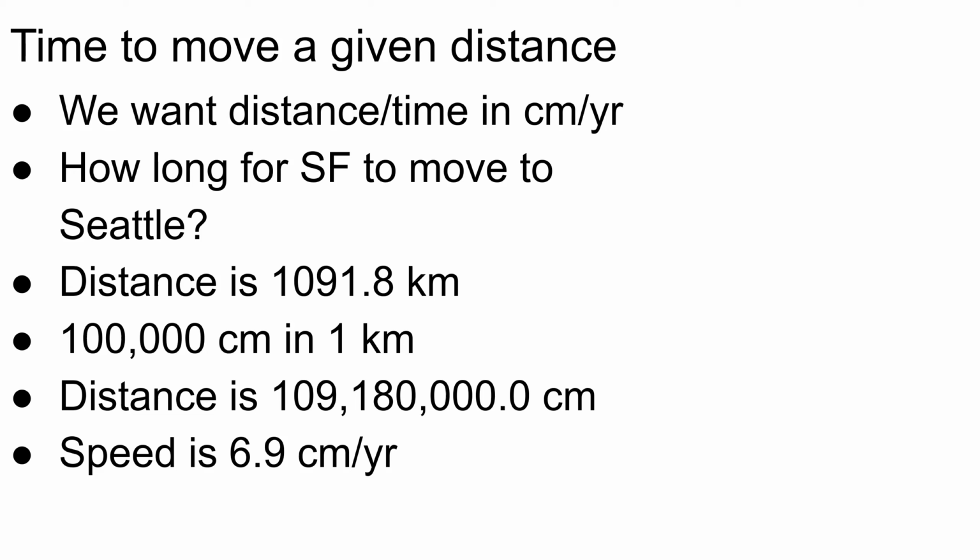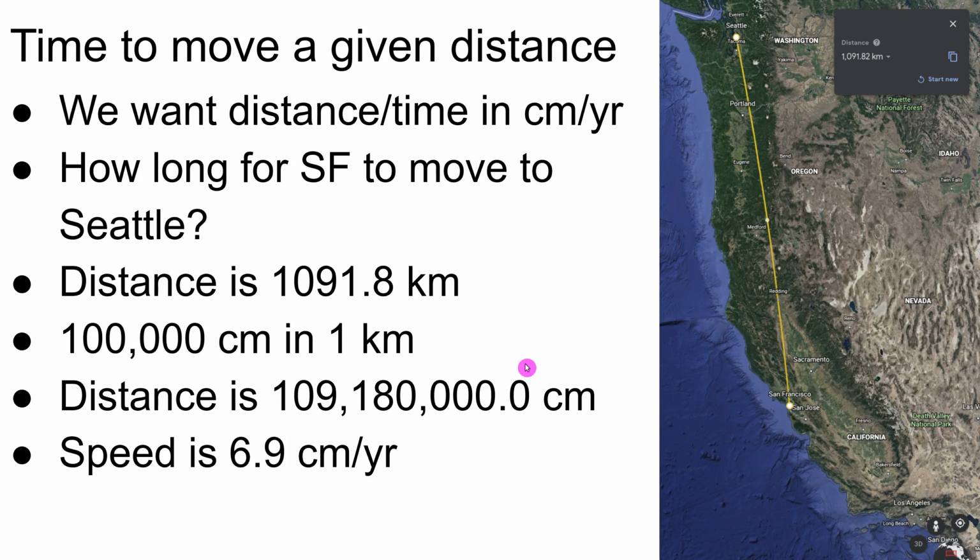Using a speed that I'm just giving for this problem, 6.9 centimeters per year, movement averaged over the San Andreas Fault. Different parts of the fault have different rates of speed, so don't use this later. I'm just using this for this example. The other problems will tell you what rate to use. So the average is 6.9 centimeters per year. Here we've got San Francisco to Seattle measured at 1,091.82 kilometers.